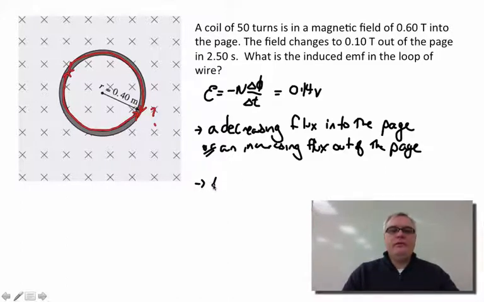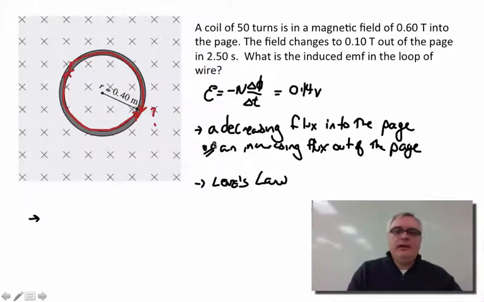Then the next thing we would write down would be our Lenz's law. I'm not going to write it out. Hopefully you can just copy it down from the previous slide. So Lenz's law basically says that the current will generate a magnetic flux opposite to this. So either opposite to a decreasing flux into the page or opposite to an increasing flux out of the page. So what would be the opposite of that? Well, if I'm decreasing the flux into the page, the opposite would be to increase the flux into the page.